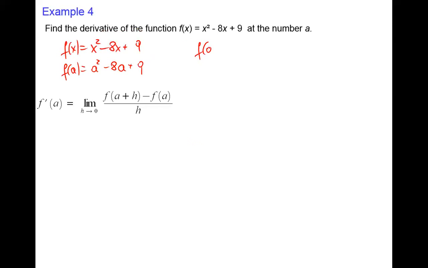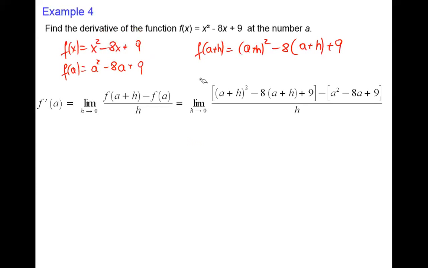And f of a plus h is a plus h squared minus 8 times a plus h plus 9. We have to put everything here, and you can see f of a plus h is this, minus f of a, over h.